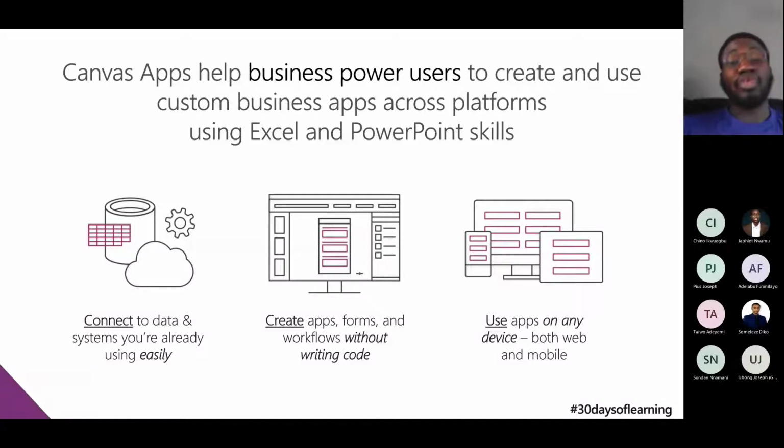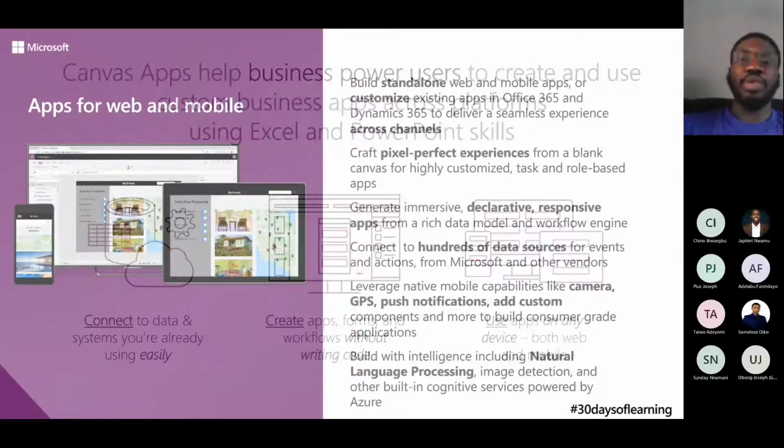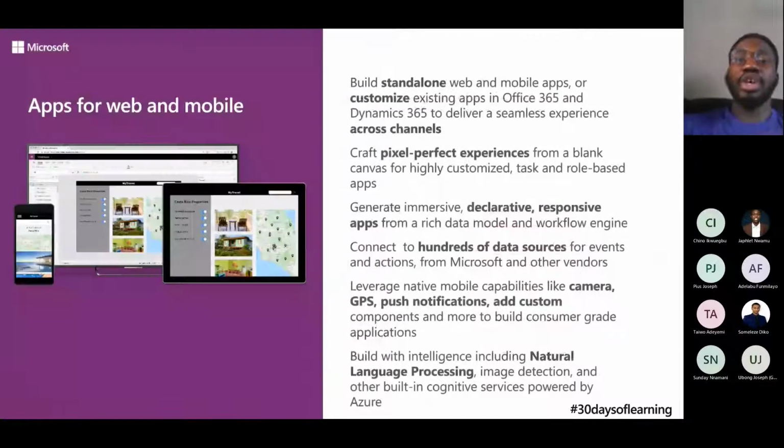It's not restricted to iOS or Android or a particular operating system. It's all operating system friendly, right? For web and mobile, you can build standalone web and mobile apps and customize the existing apps in Office 365 and Dynamics 365 to deliver a seamless experience.